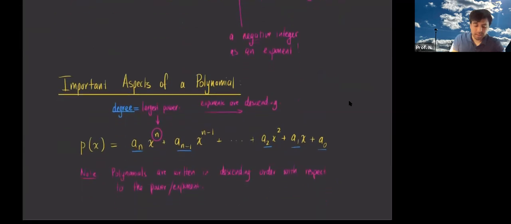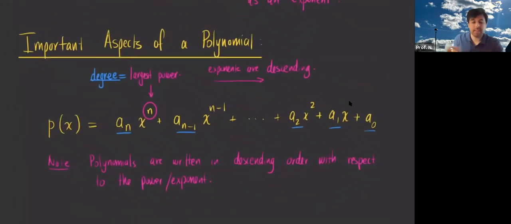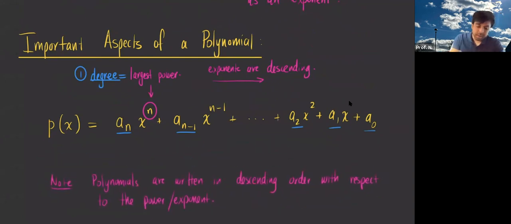And this notion of knowing what the degree is, like I said, gives you a lot of information about the graph and about the polynomial itself. So that's the first thing we care about, okay? We care about the degree. We also care about, next to it, the term that has the highest degree.